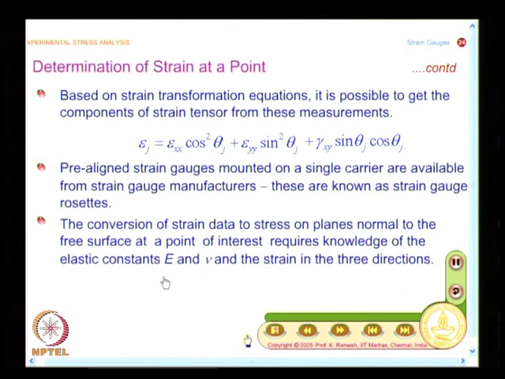Once I measure the component of strain, if I know the elastic constants of the base material, it is possible for me to find out the stress on the specimen by invoking equations from mechanics of solids.